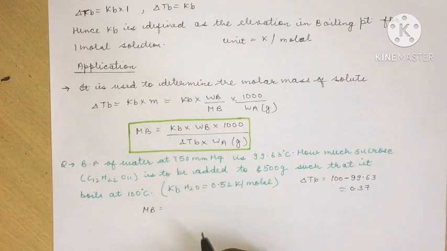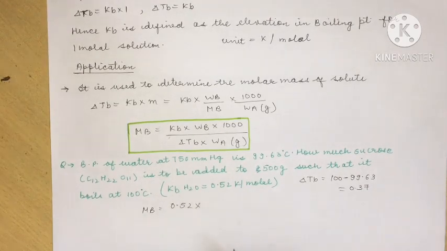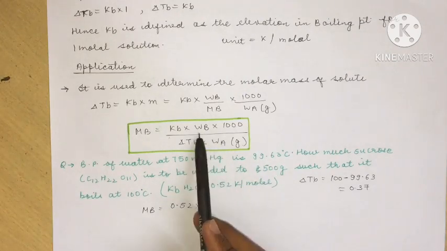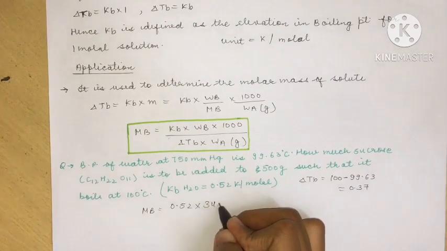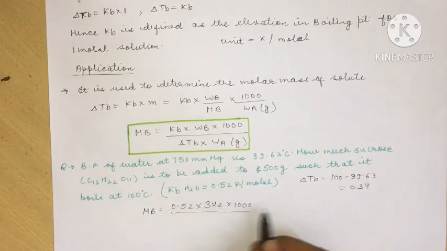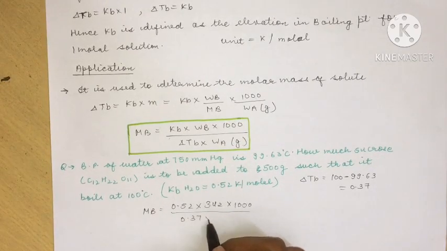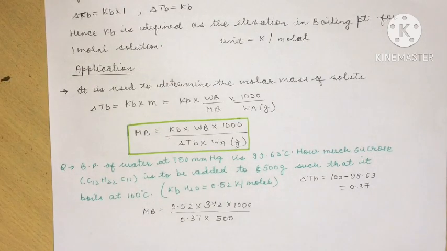Putting the values, Kb is 0.52 into Wb, where Wb is the mass of sucrose, and we use the molar mass of sucrose, 342, into 1000 upon delta Tb, that is 0.37, multiplied by Wa, which is given as 500. Solving this will give our answer. In this way we can solve this easy question.